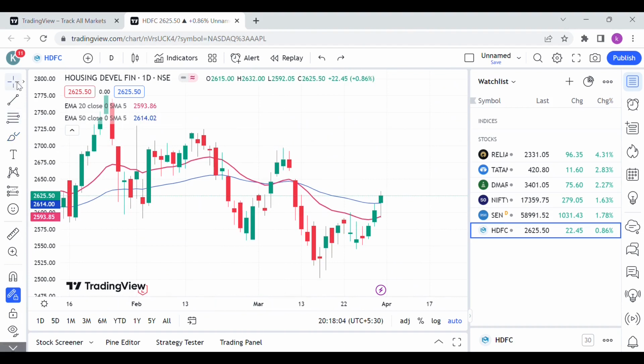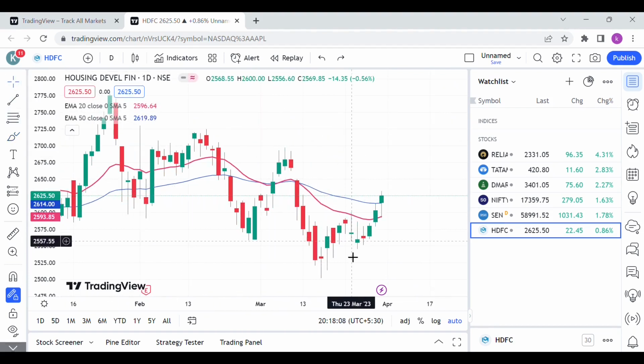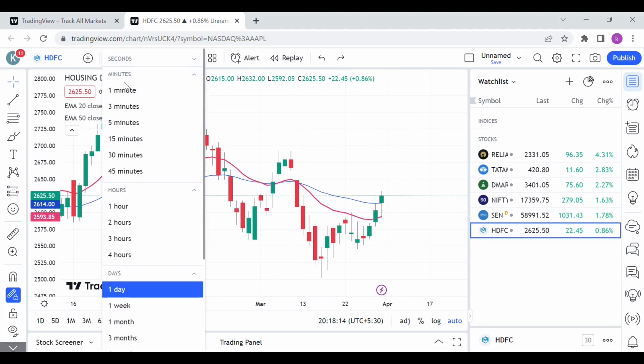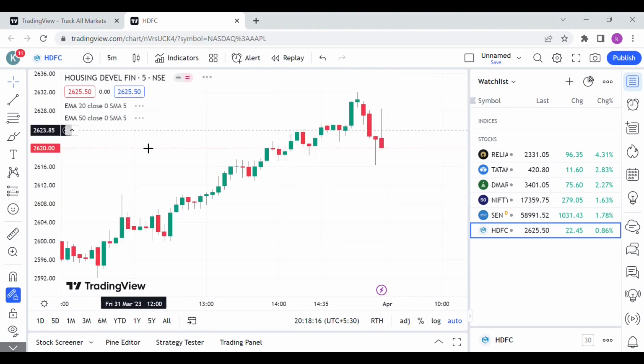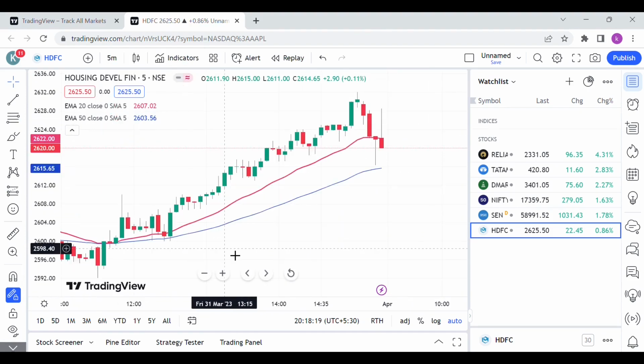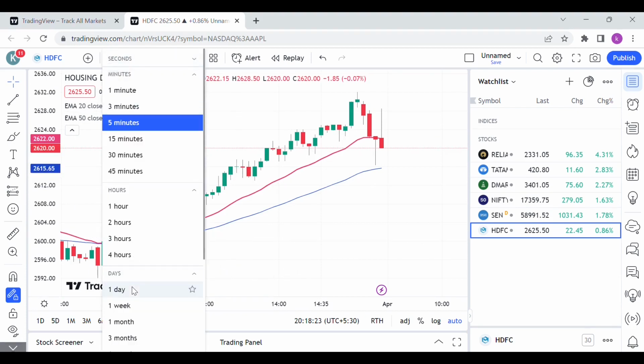So this is how the activity looks around. Again I am pressing the cross. Then after spotting the trend and understanding which way the stock might go, you should click and select the 5 minutes candle, because mostly traders prefer the 5 minutes candle time frame.